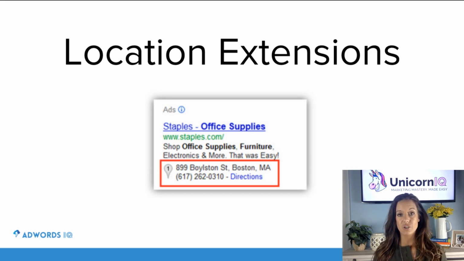But for local searchers, including this location information is really helpful and increases click-through rate, credibility, and all of that good stuff. So this location targeting is actually really powerful. It's very accurate. It'll literally pinpoint where you are or where the searcher is, and then it'll display the nearest location from the information that you've given it.